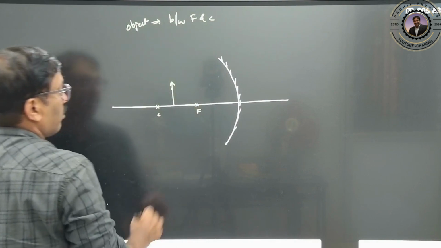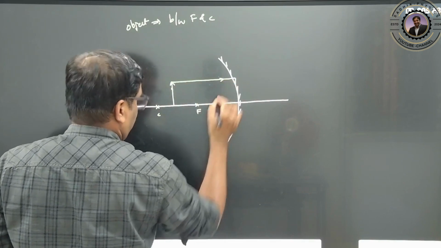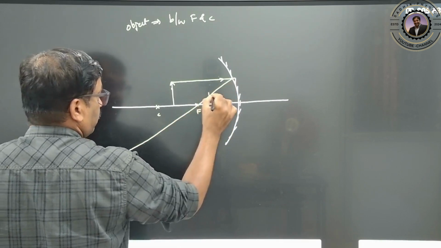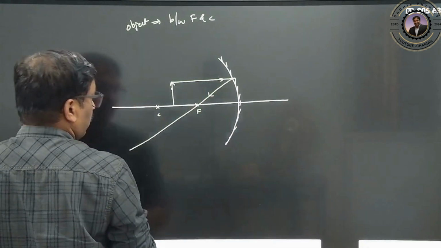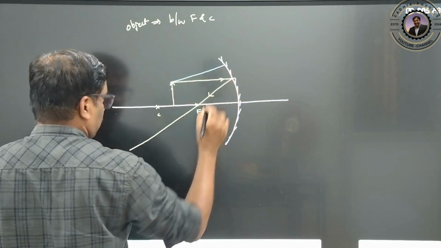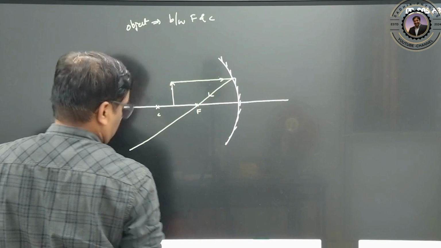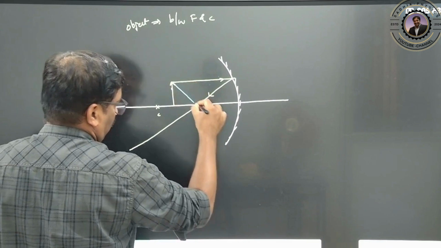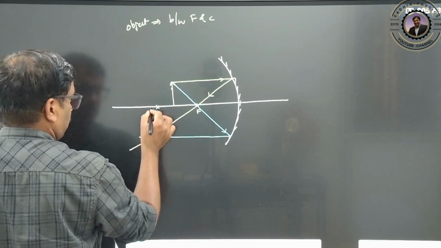Clear? Now what will happen? If light rays are going parallel to the principal axis, after reflection they will definitely go to the principal focus. Clear? Now one more ray: suppose a light ray is going like this, after reflection it will go to this one.